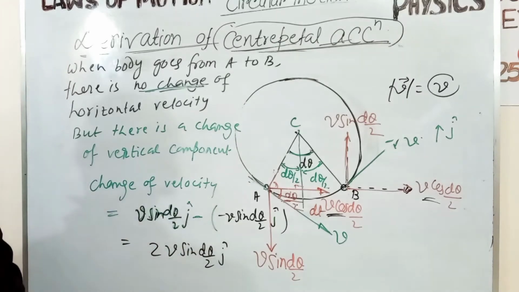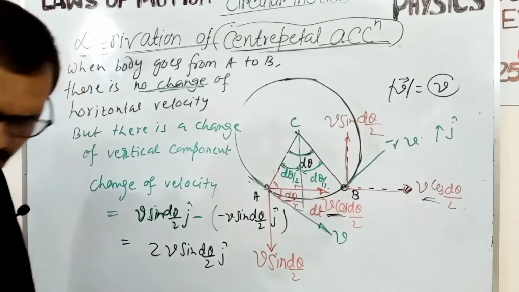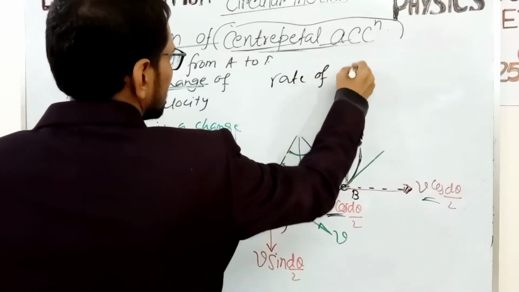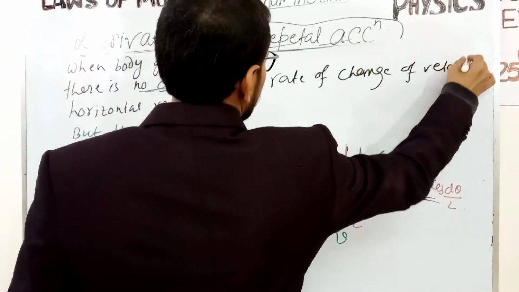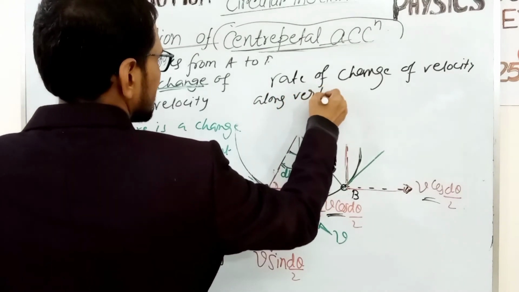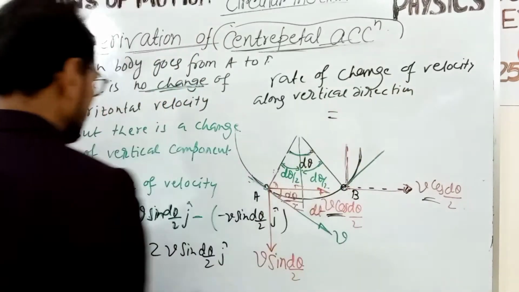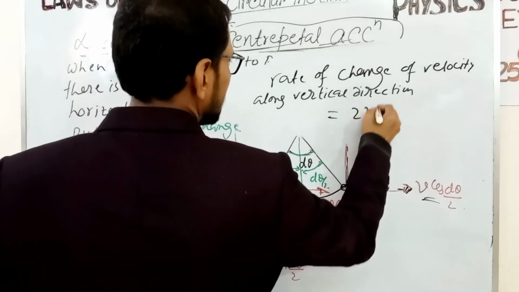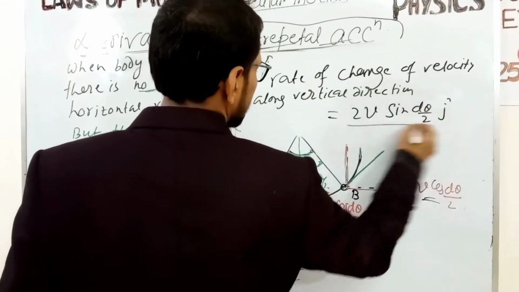Now this change takes place in time dt. So the rate of change of velocity, along the vertical direction, is 2v sin(dθ/2) by dt.